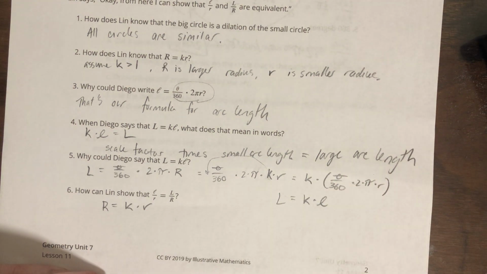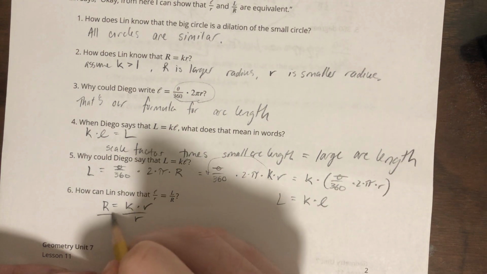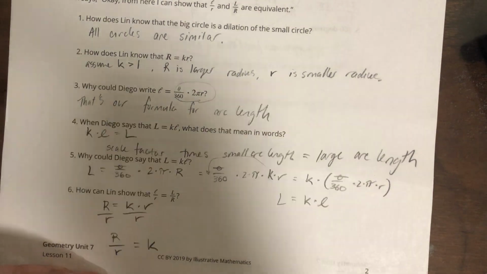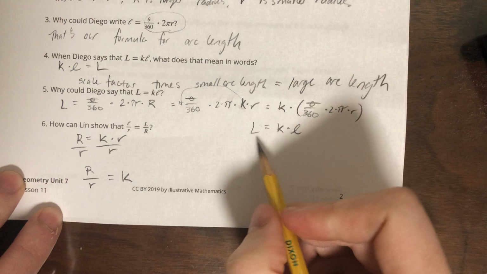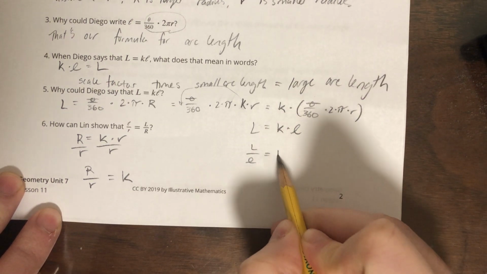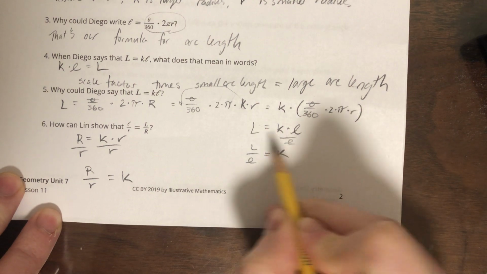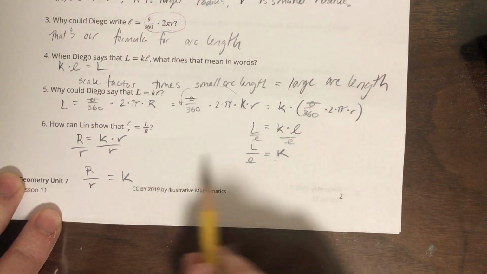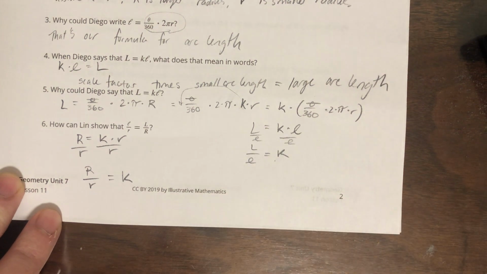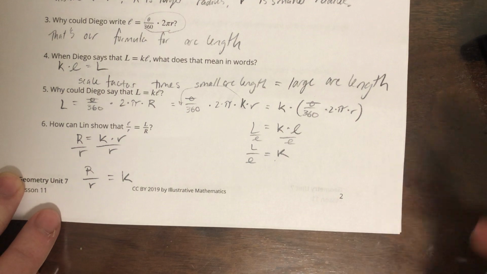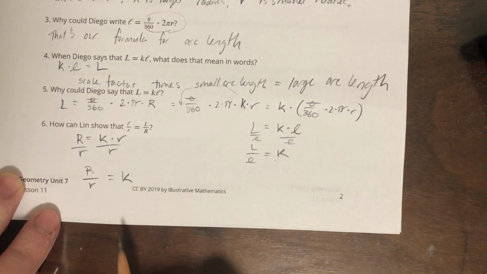They have that letter K. So let's get K alone in both equations. So I get R over r equals K. And on this side we can get L over l equals K by dividing both sides by that lowercase l. All right, well now I have two equations that are both equal to the same variable. They're both equal to K. So what property can I use here? Hopefully you said the transitive property.